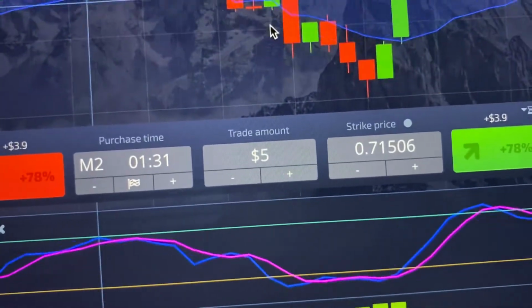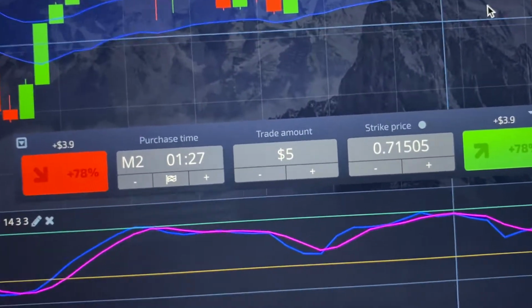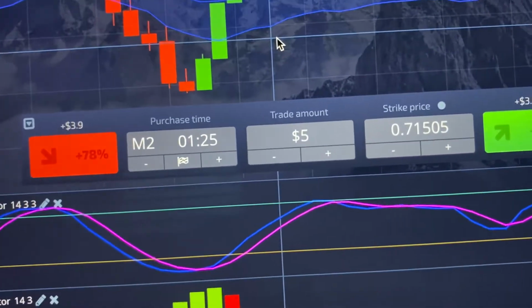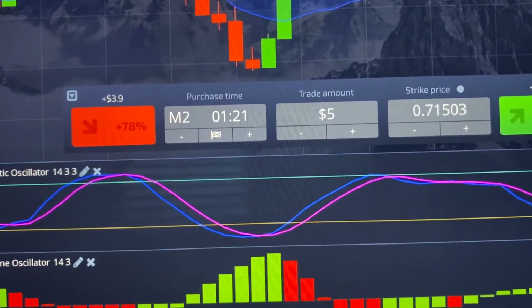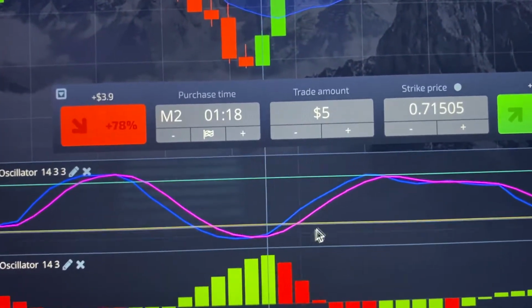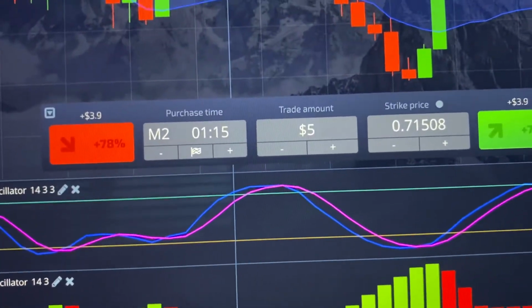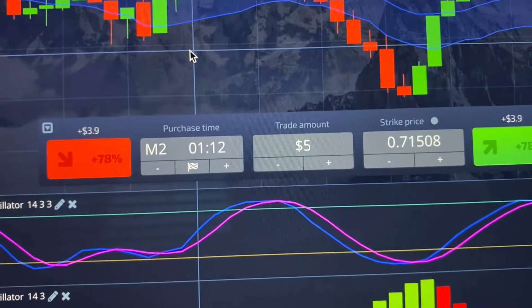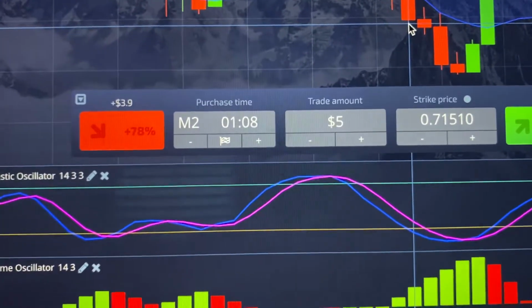When you hear noise, it's just a bunch of distorted sound waves that don't have any form to them, right? But music, or sound like music, has proper waveforms. See the sine waves? When you see nice sine waves, that's when you know that you're in a nice consolidated market.